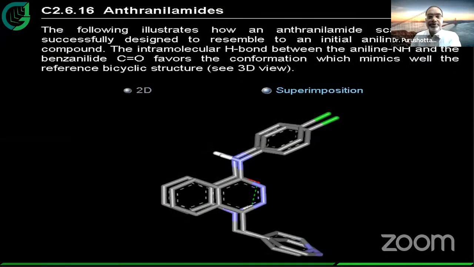If you see the superimposition of this one, then you can see that the anthra-anilamide scaffold has successfully resembled the initial anilino-thalazine compound. The intramolecular hydrogen bond between the aniline NH and the benza-anilide C double bond O favors the conformation which mimics the well-referenced bicyclic structure.